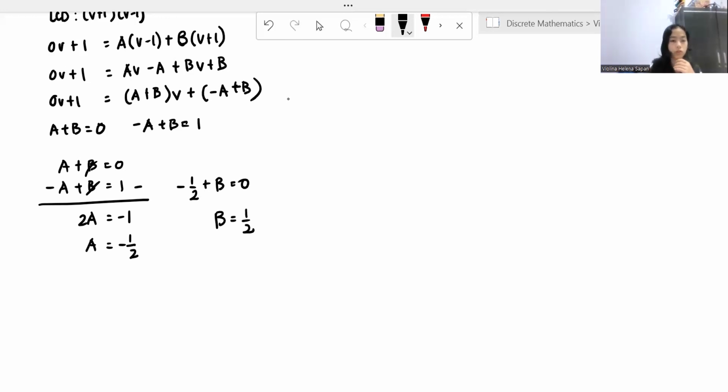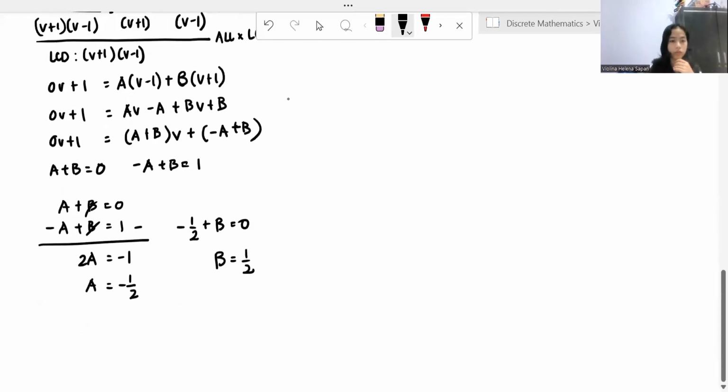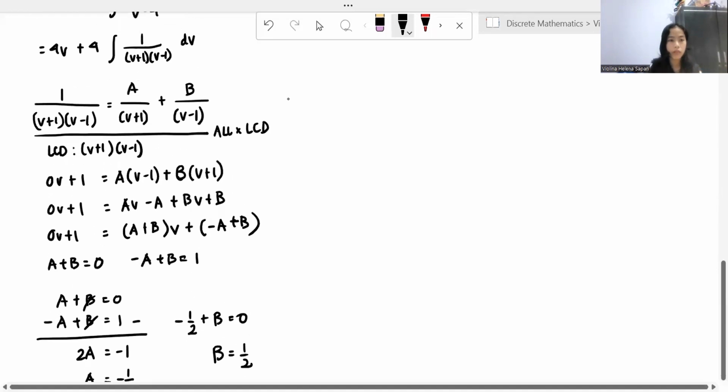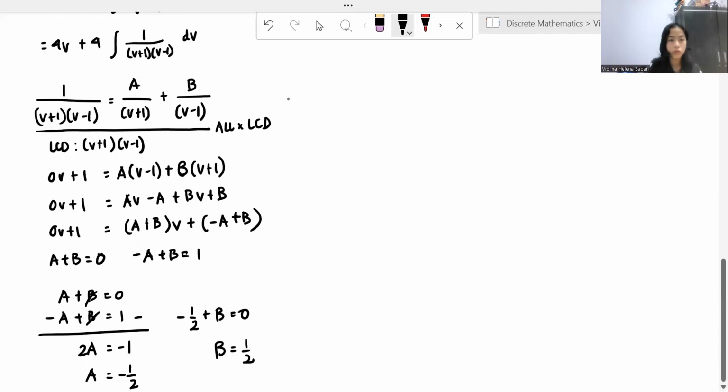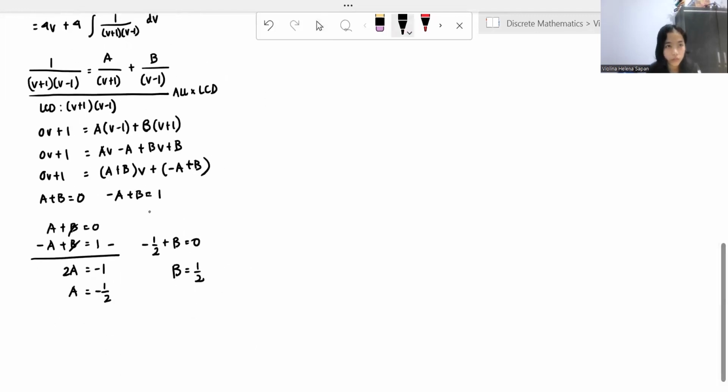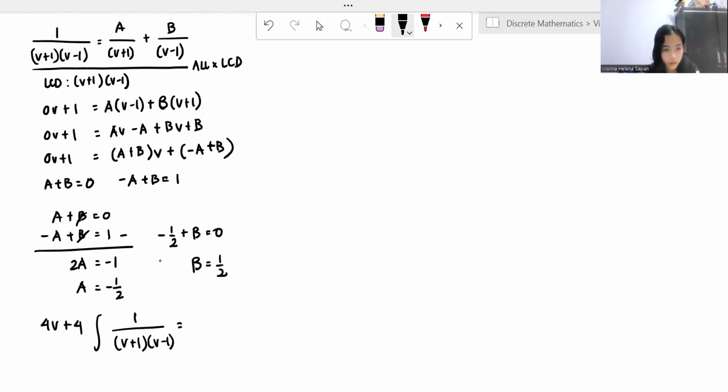Okay. So after getting this equation, we can plug in the a and the b to solve for this integral. So we can write down the equation again. We can get this equation for v plus 4 is the integral of, okay, substitute in the a with this value.